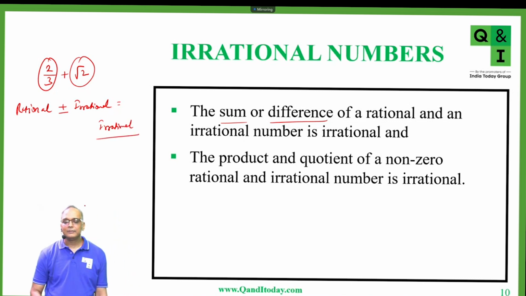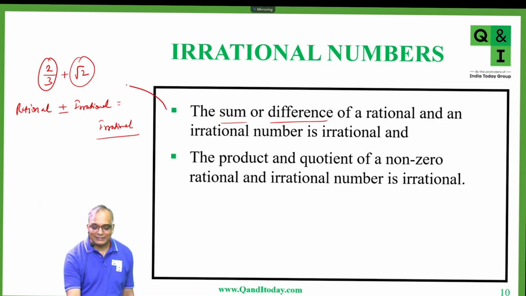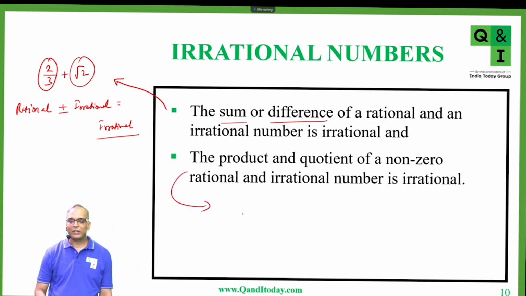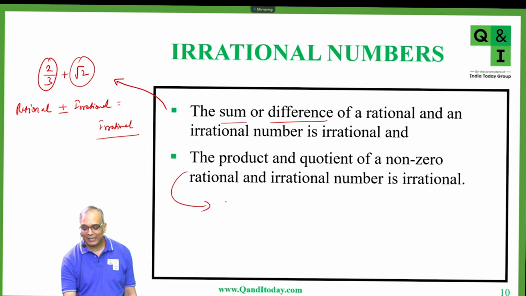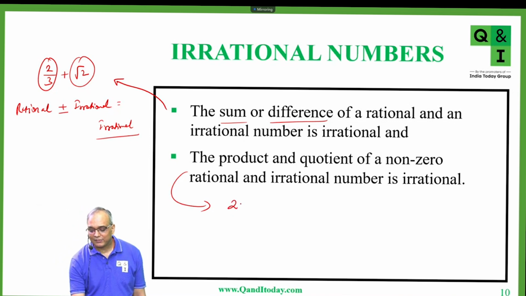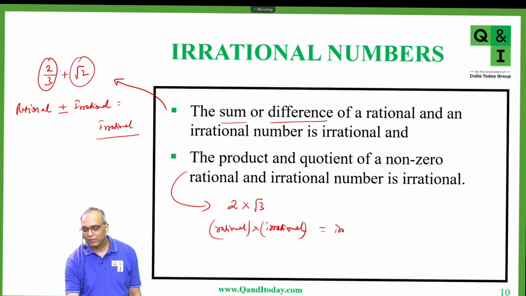Is it clear? What does this second thing say? The product and quotient of a non-zero rational and irrational number is irrational. Means if we have something like 2 into root 3, this is rational into irrational, so this will always be irrational.